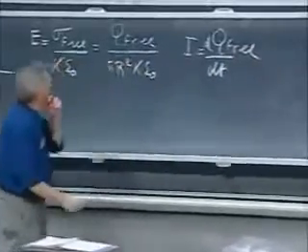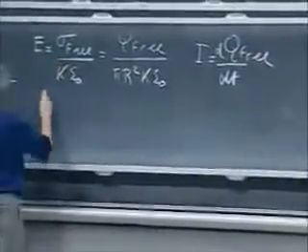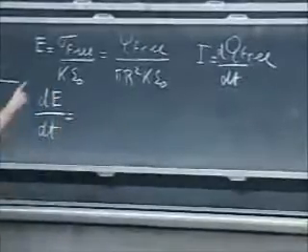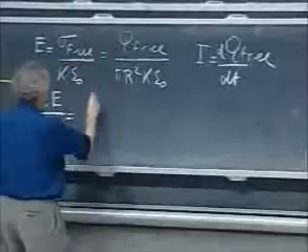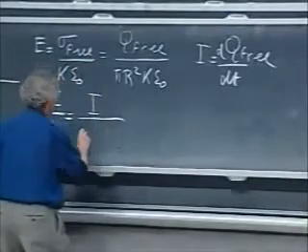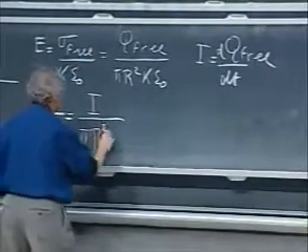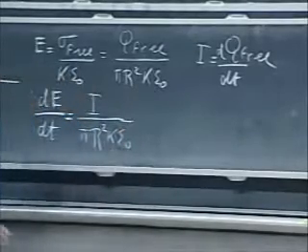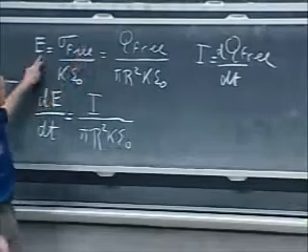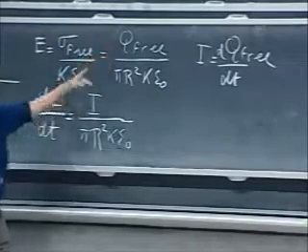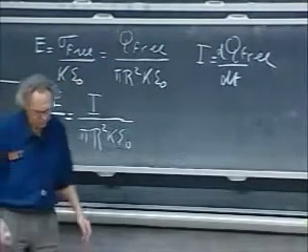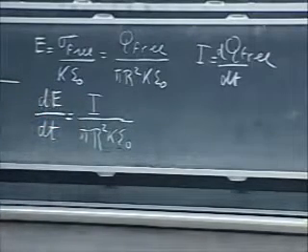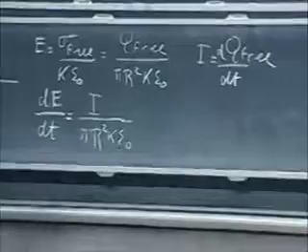And so I now have a changing electric field inside, dE/dt, which is the current I divided by pi r squared kappa epsilon 0. Because I simply take the derivative of this equation, I get dQ/dt, and dQ/dt is I. And only if the current is 0 is there no changing electric field inside.